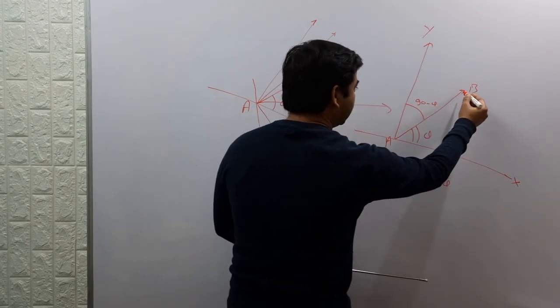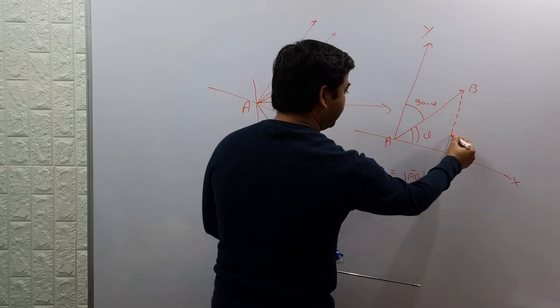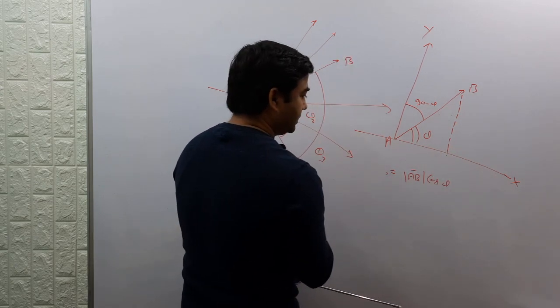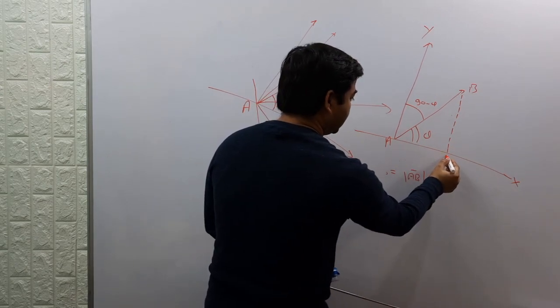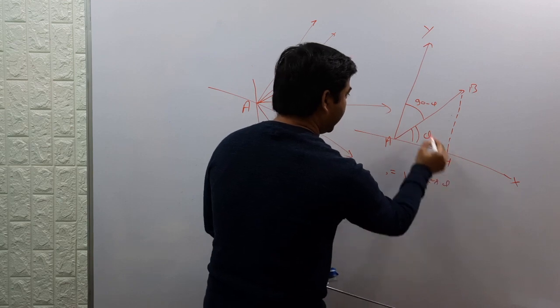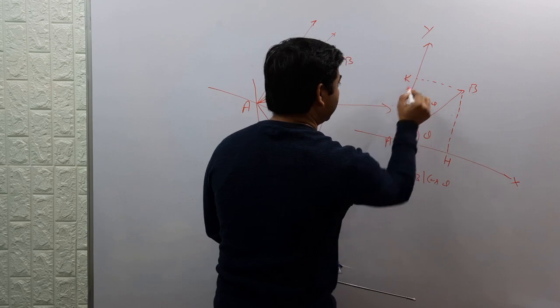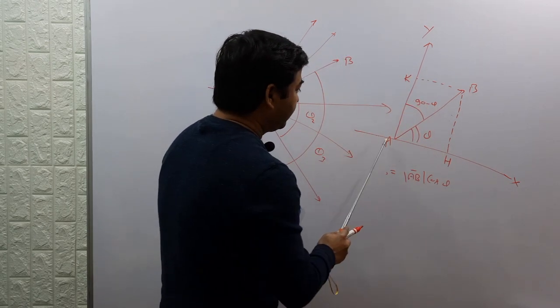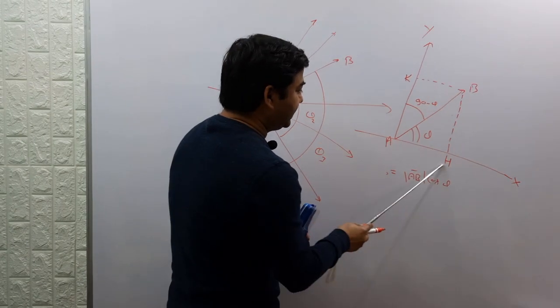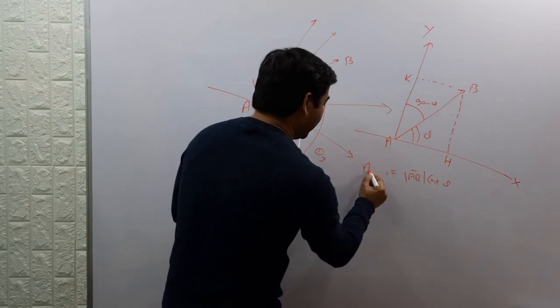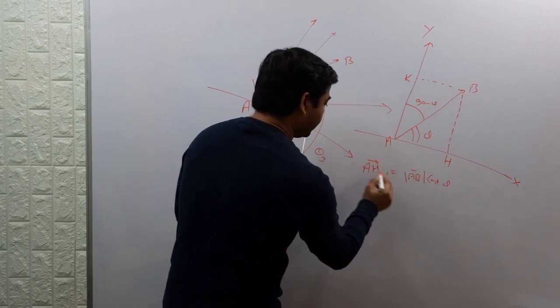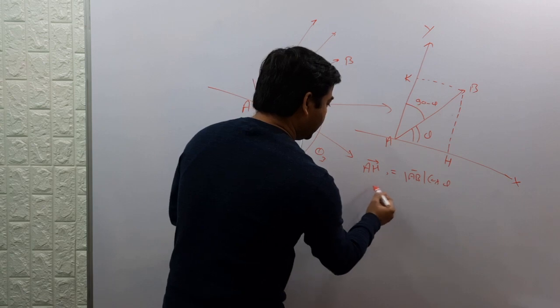Let me just draw a perpendicular from point B on this axis, and let this point be H, and draw another perpendicular, let this point be K. So the component in AH direction, vector AH, will be AB cos theta.